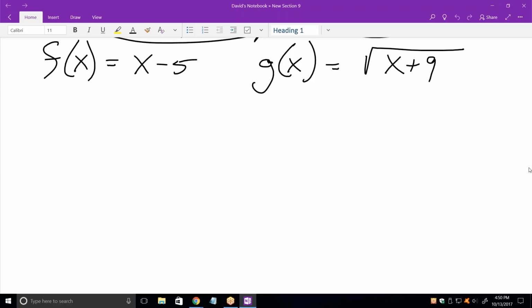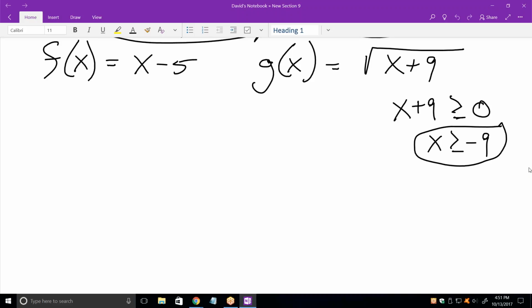In other words, there's a technique you always want to use whenever you see a radical sign: take whatever is in the radical sign, in this case x plus 9, and say that it has to be greater than or equal to 0, and then just solve it. And that tells you what the domain is. That means x has to be greater than or equal to minus 9. So that's our domain, one way of expressing it, for g of x.